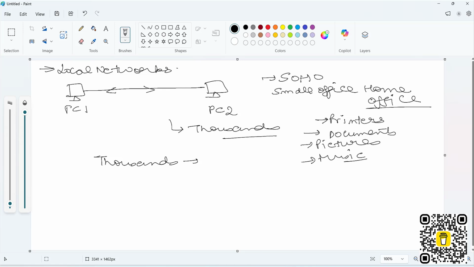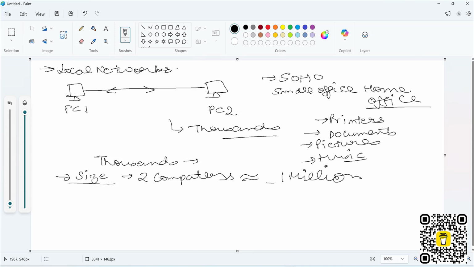So there are various sizes of networks. When we talk about a network or a local network, there are various sizes which I'm going to discuss. As I told, they can range from two computers to maybe even 1 million computers as well. There is no upper limit of devices which can be connected to each other to form a network.